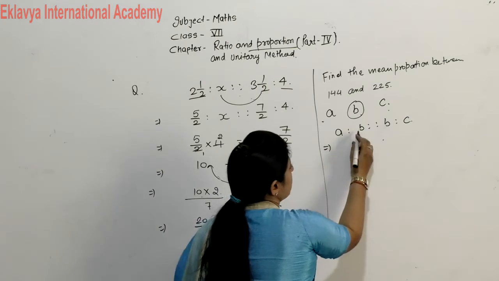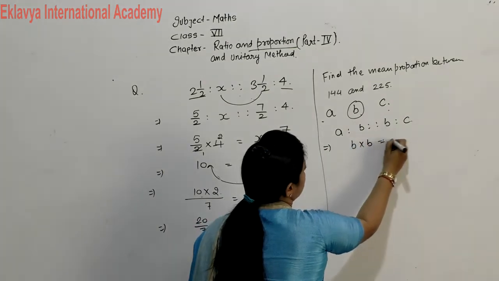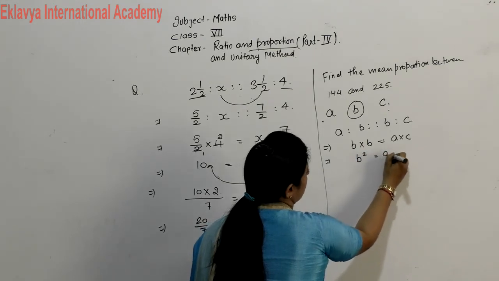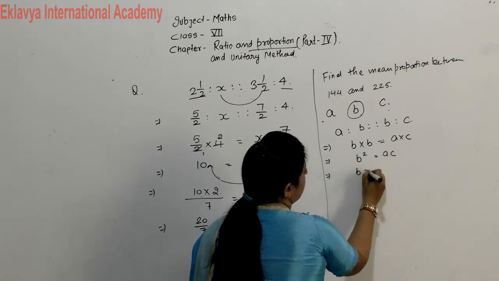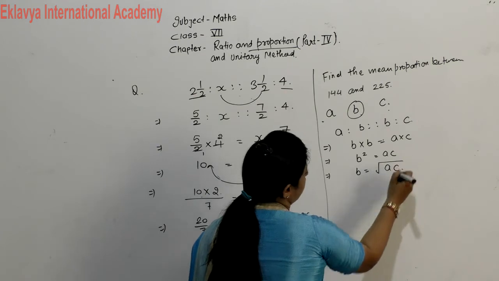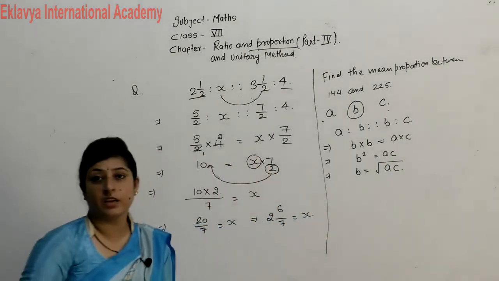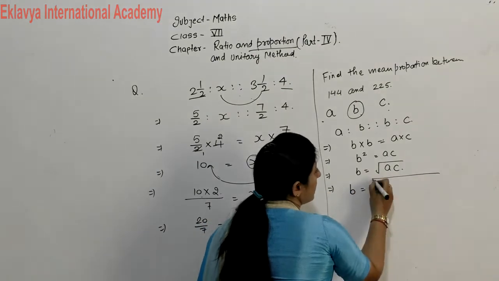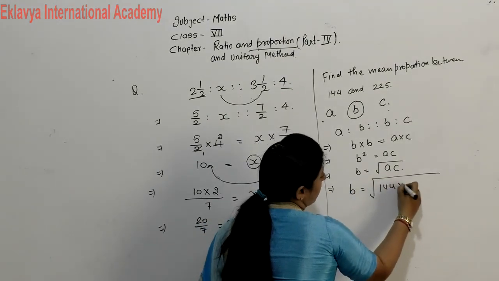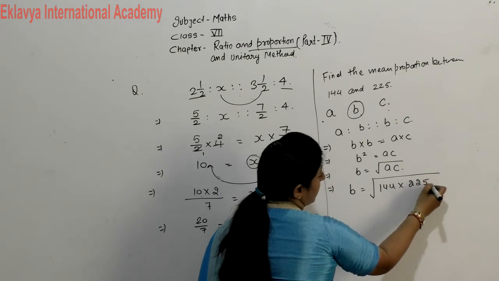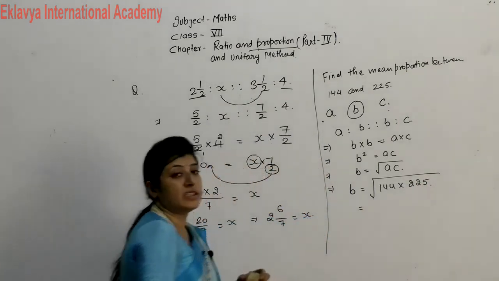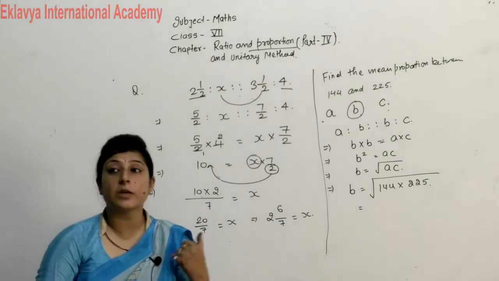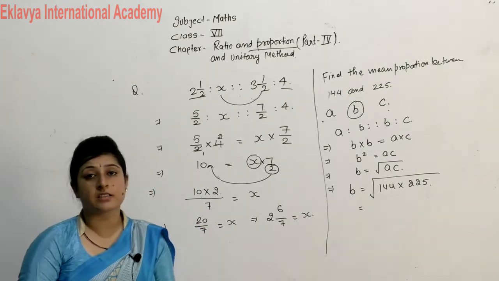It means B into B is equal to A into C, so B square is equal to AC, and B is equal to the square root of AC. Now put the values, 144 into 225. Whenever we do the calculation, try to do it in parts.